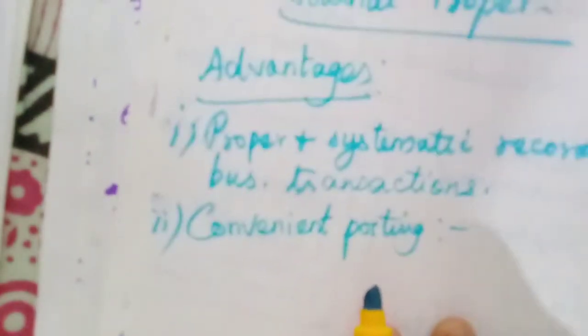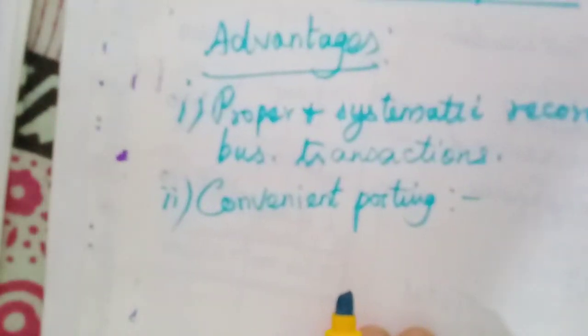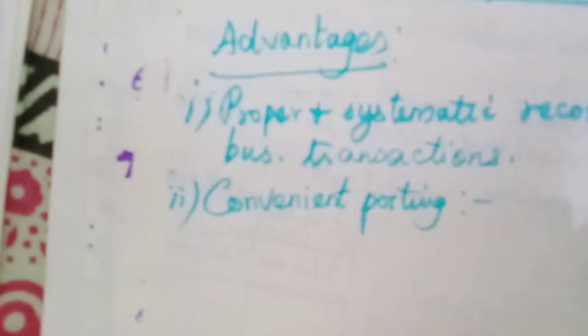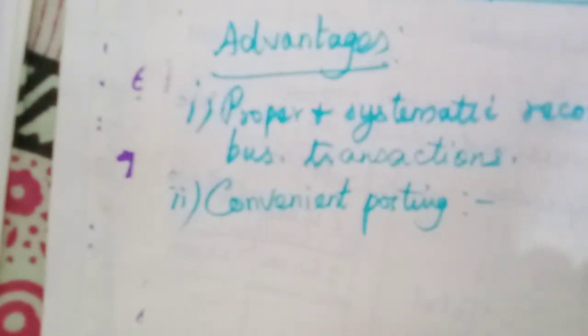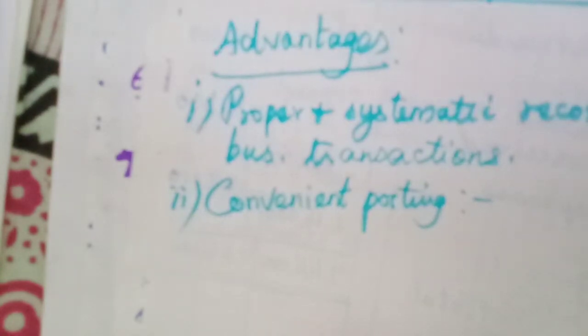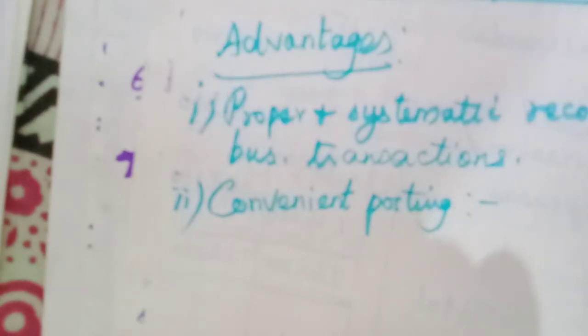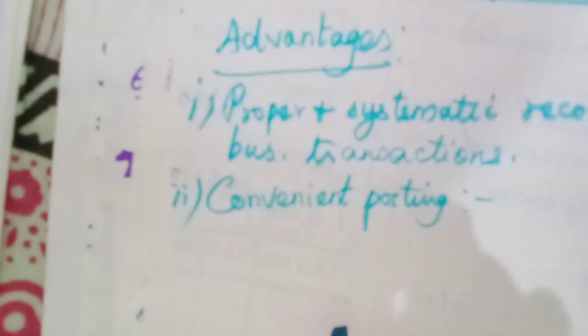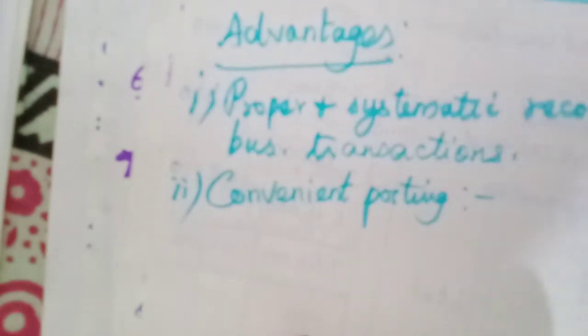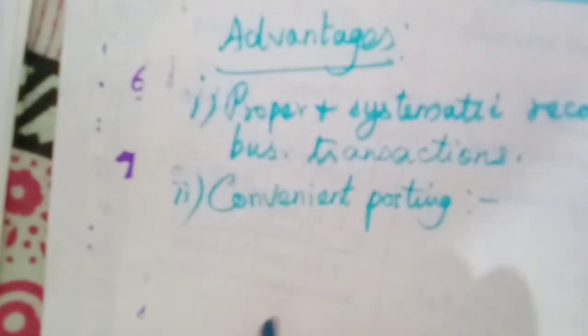Here the posting is becoming convenient because many purchases we may do from different suppliers. So in the purchases book we have to enter only one time. Either in a day or weekly we can close and we can post them. And all the creditors' names also we can post there. So that posting is very convenient.